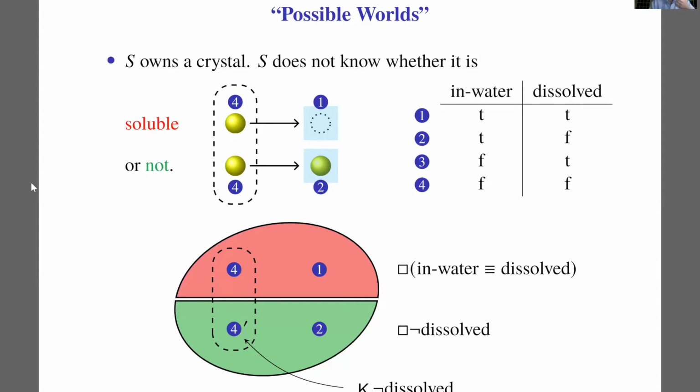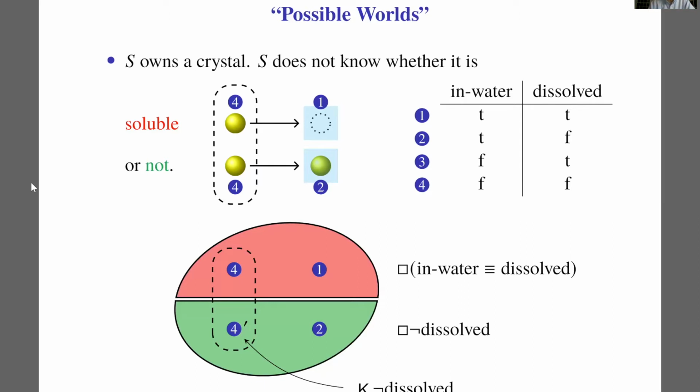So this is the gist of how necessity and knowledge or belief interact in possible world semantics for propositional modal logic. For instance, dynamic epistemic logic is a version of this, and then you can do all sorts of nice things.